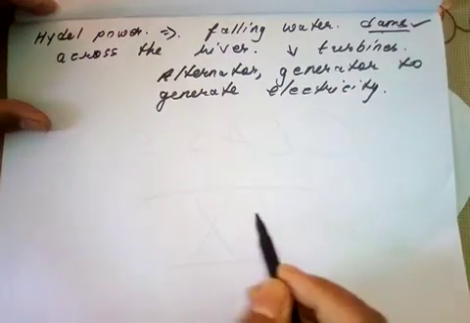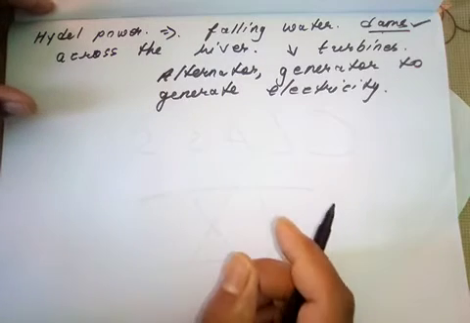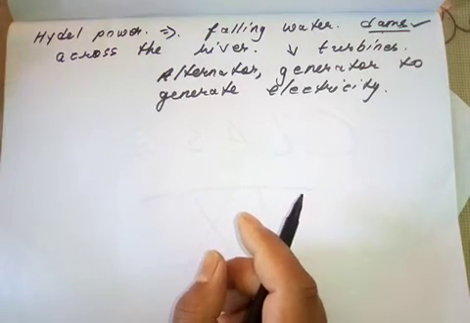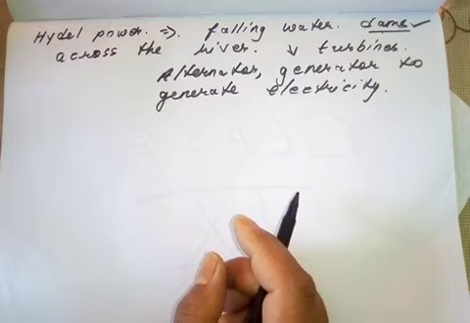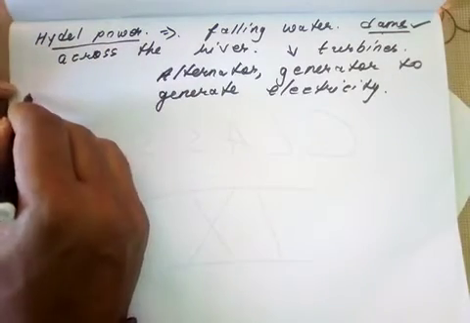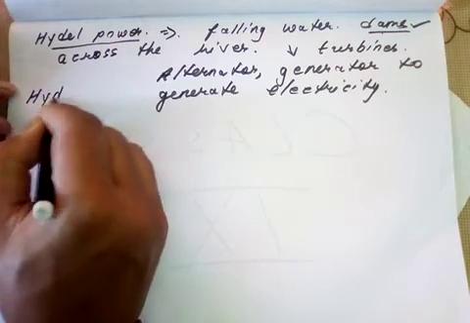And this electricity is supplied by various processes to the required places, which is needed for domestic and commercial purposes. This is hydropower, and it can also be called hydroelectricity.